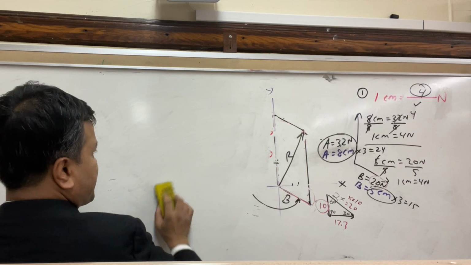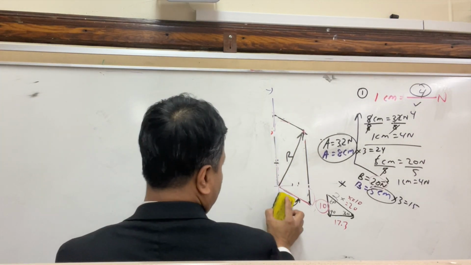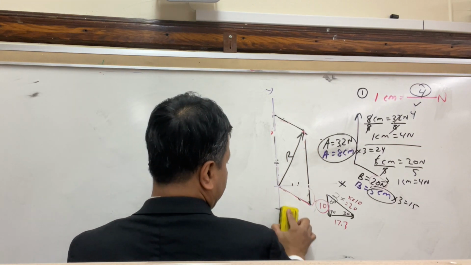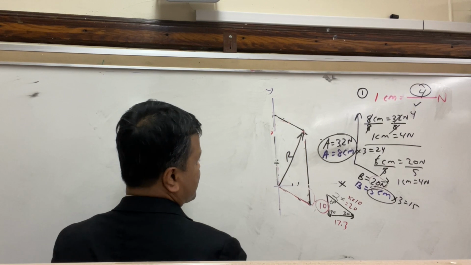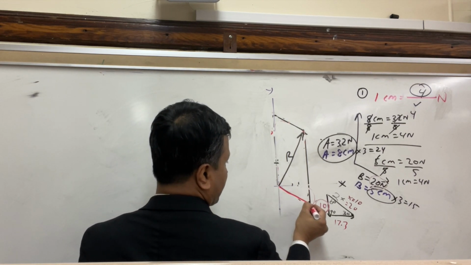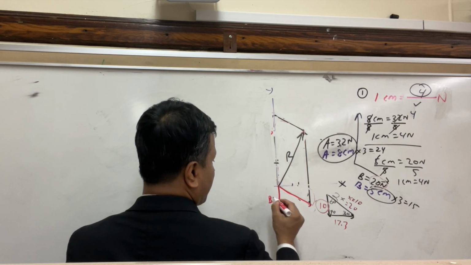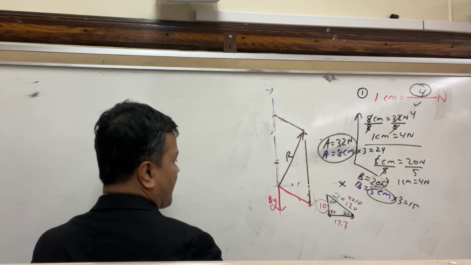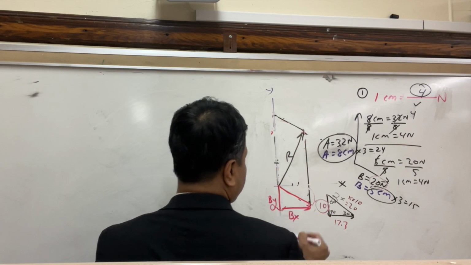All right, now I'm going to use the distance formula. To do the distance formula, all I need to do is very simple. I come over here. This is my B. I need the y component of the B, so I write By. And this is the x component of the B, so I write Bx.